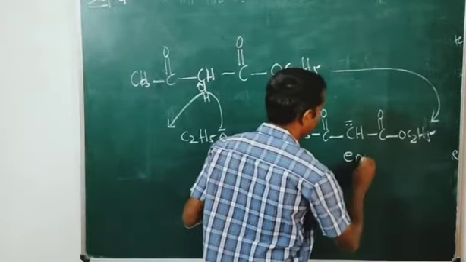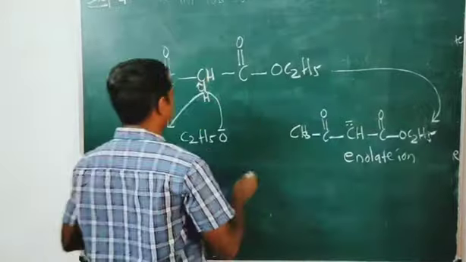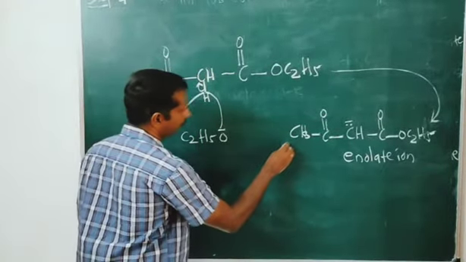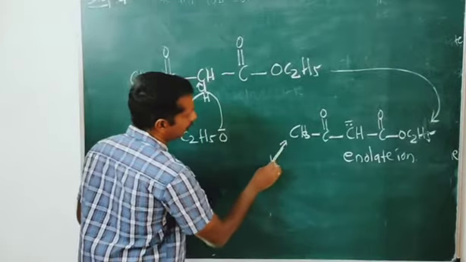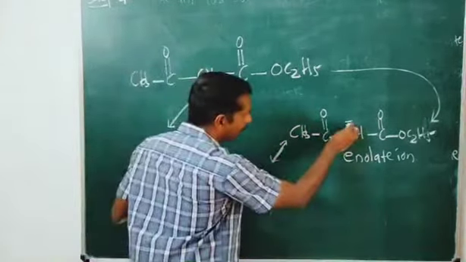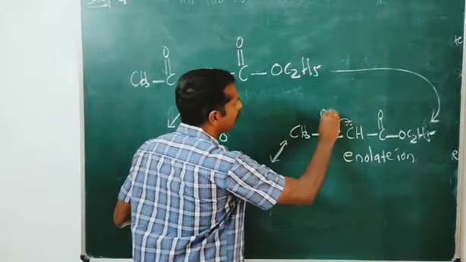This is again enolate ion. This enolate ion can also be stabilized by resonance. What is the resonance stabilization of enolate ion? Look at it here. This pair of electrons can be shifted to here, and then this will be shifted to this oxygen.